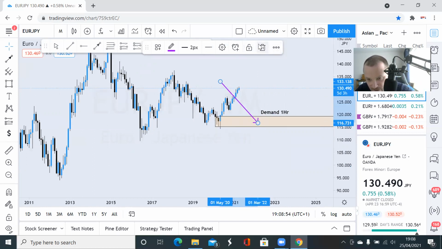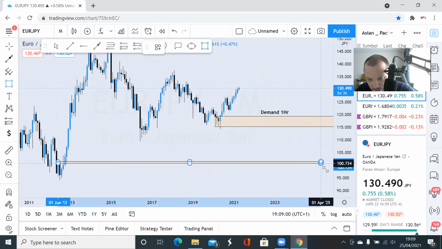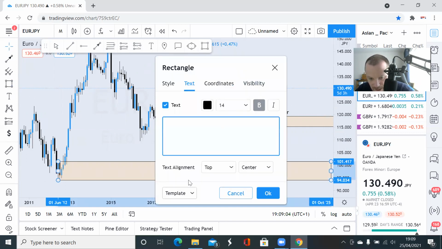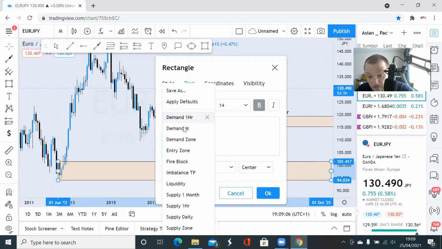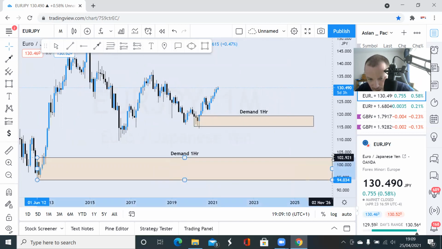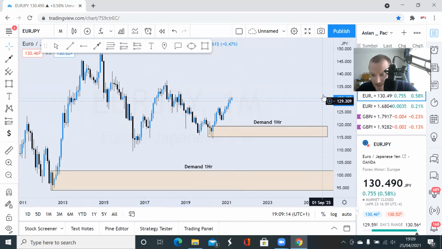So even though price is miles away, it's going to do no harm to mark this area up as well for future reference. So there's our demand zones below.